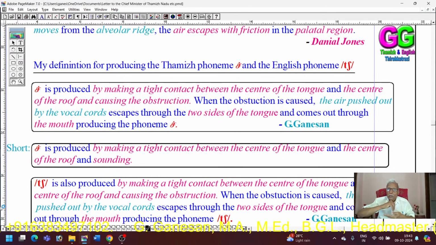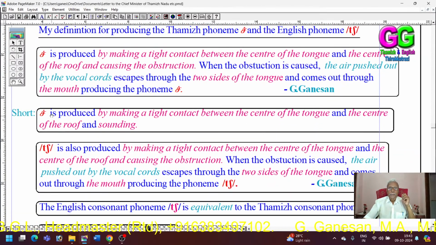When we sound, the air pushed out by the vocal cords escapes through the two sides of the tongue and comes out through the mouth, producing the consonant phoneme "ch".